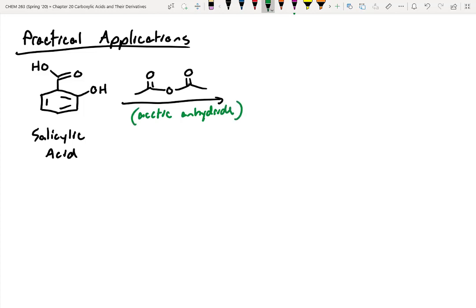When you react acetic anhydride with an alcohol, so for example, we've got an alcohol coming off here, you can imagine that this alcohol will attack in and kick up electrons. We'll have some proton transfers. In fact, let's even just show the whole mechanism.